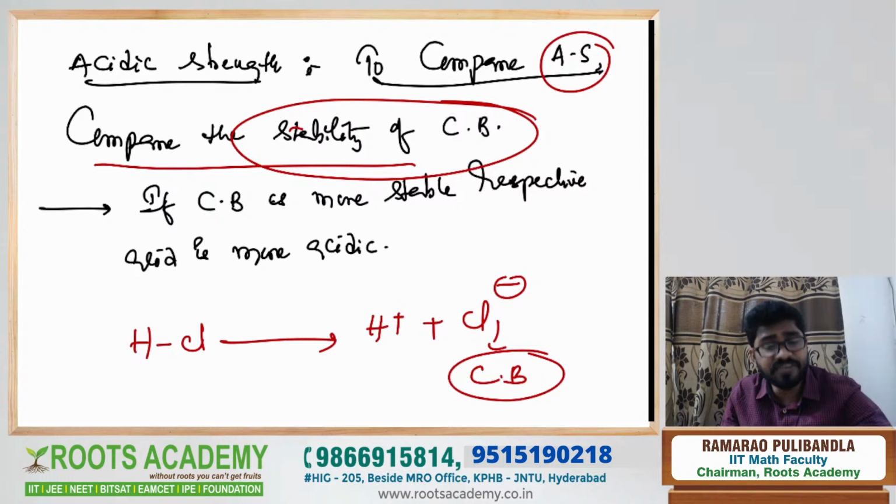Because after removal of the proton, if something is becoming more stable, then it can easily lose that proton. If it is not becoming stable, then it can't easily lose that proton. So remember the concept. After removal of the proton, if the conjugate base is more stable, respective acid is more acidic. That is the concept there.